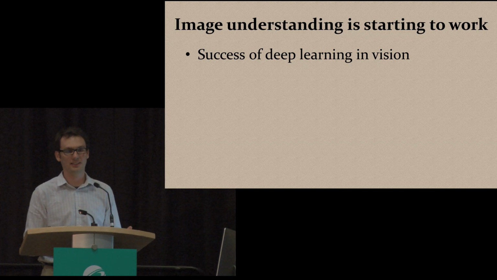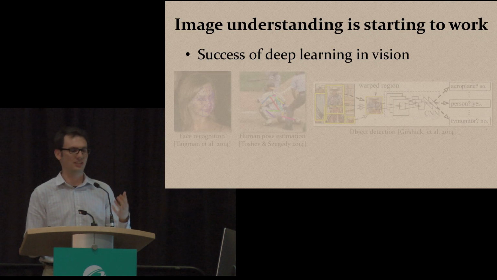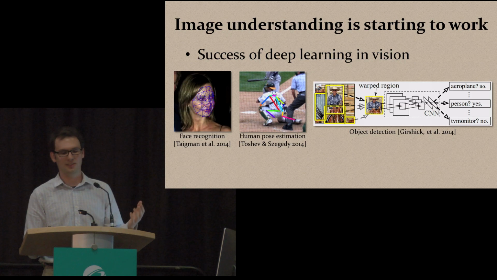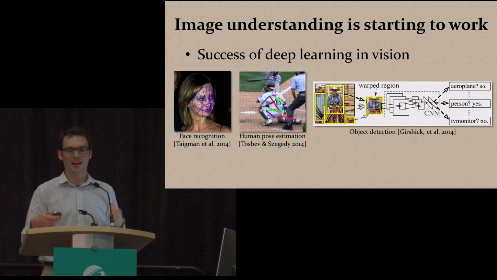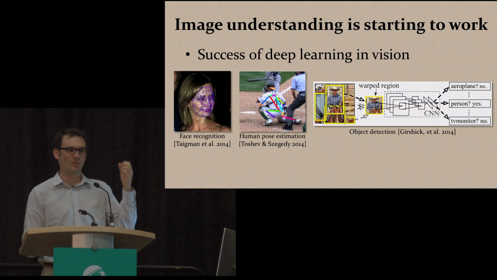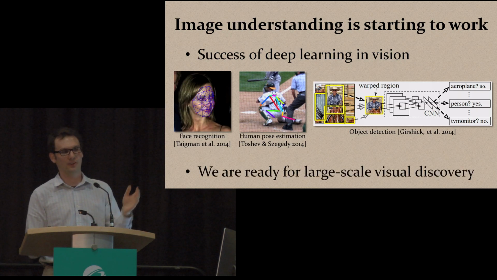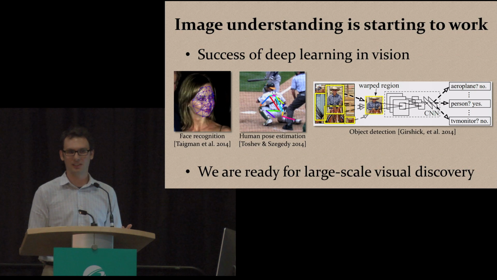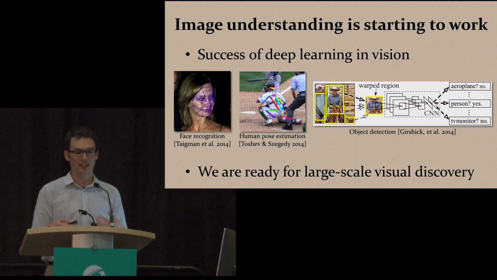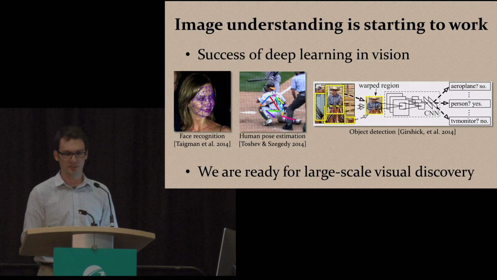Vision has made a lot of progress, but recently there's been a breakthrough of sorts in deep learning, and certain problems that are traditionally very hard, face recognition, human pose estimation in images, object detection, are starting to become, I would say, good enough that we in the graphics community are ready for this kind of large-scale visual discovery. You could start to use these tools from the vision literature and trust them enough that you could robustly estimate these things from images.